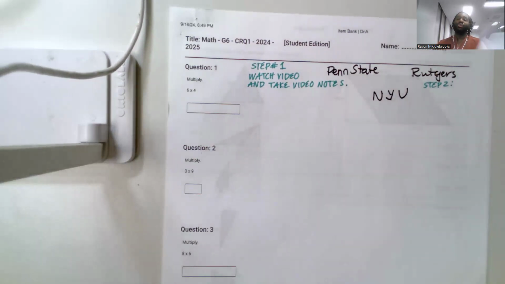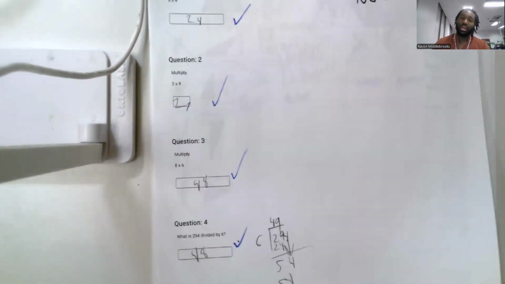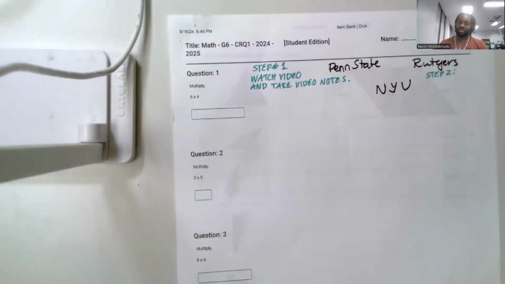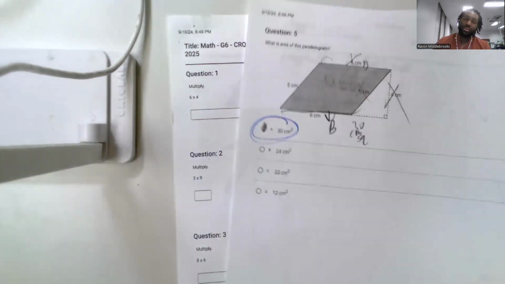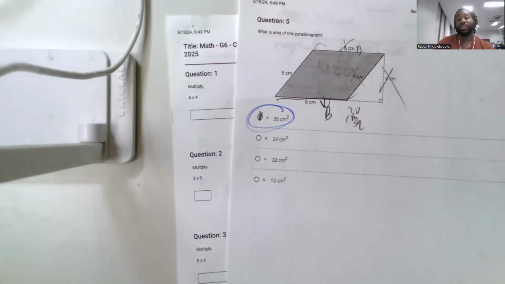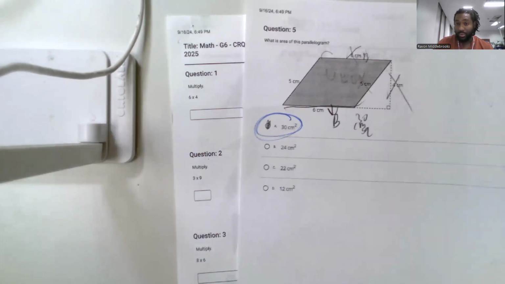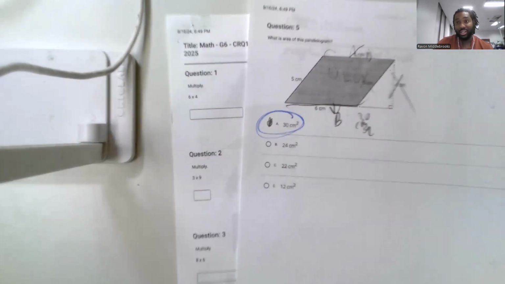is when you receive your quiz back, it will have a score on it, right? The circle problems mean they're incorrect. So what you're going to do is look at this video or look at your paper and edit your answer.